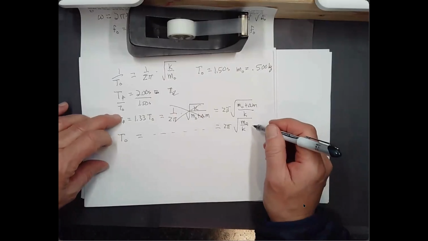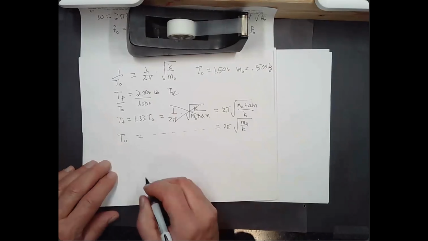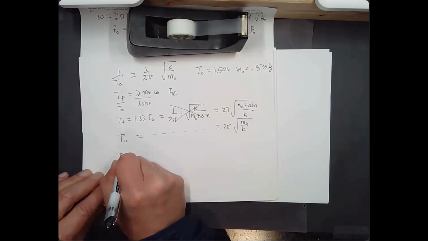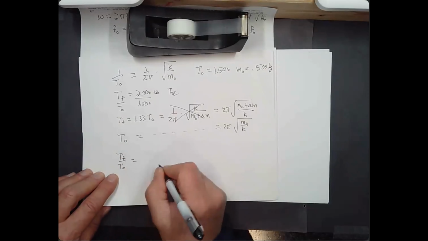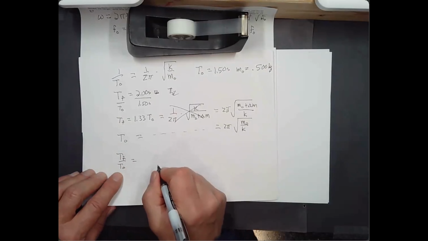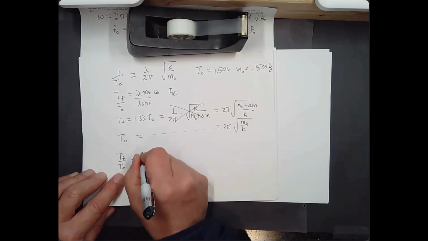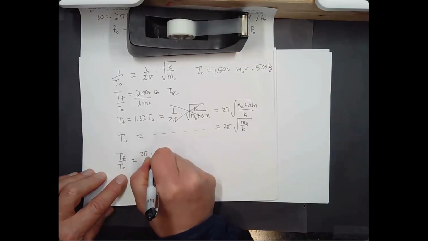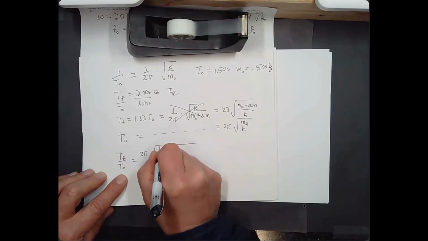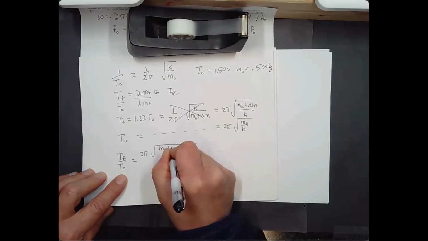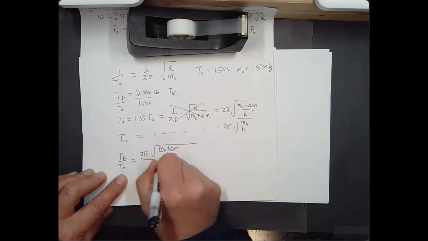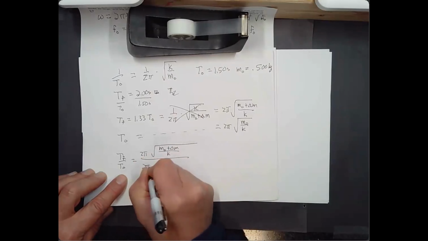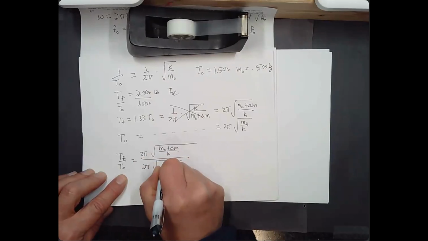I'm going to take this top equation and divide it by the bottom one. T final over T naught is going to equal 2 pi times the square root of m naught plus delta m over k, divided by 2 pi times the square root of m naught over k.